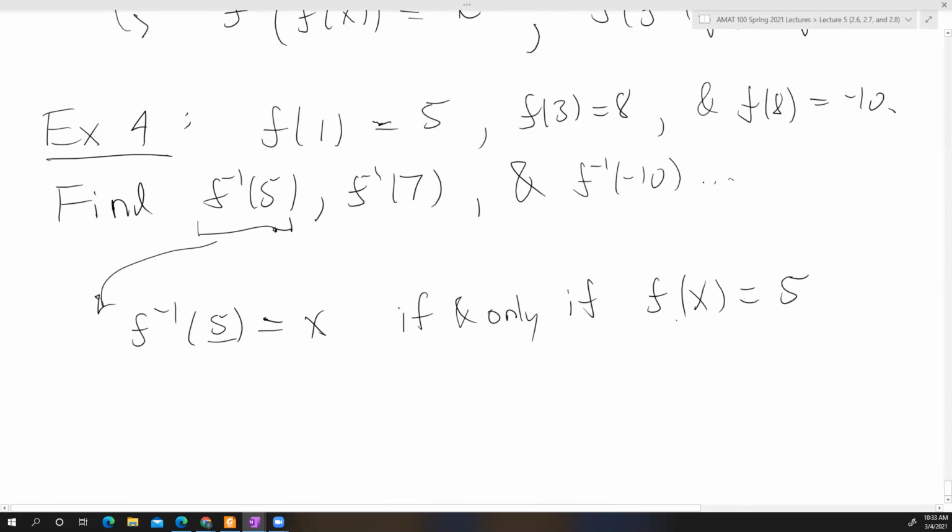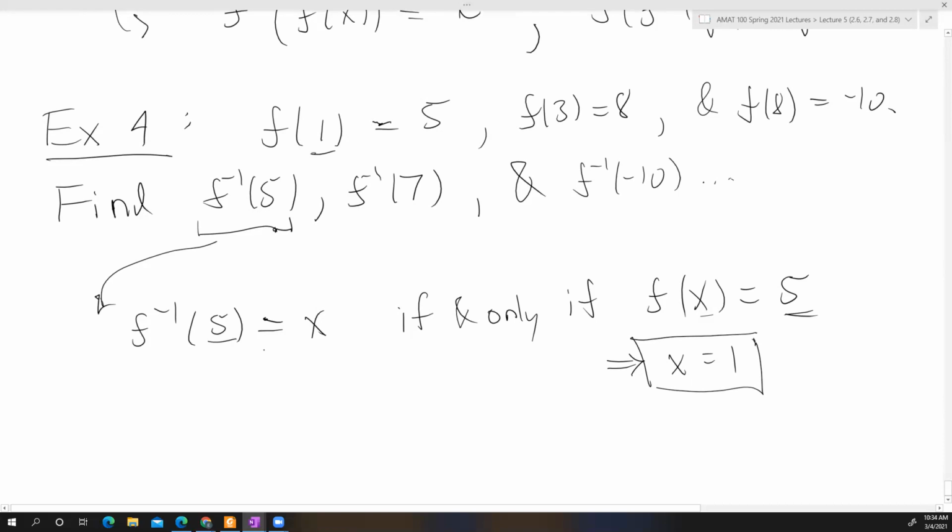So we need to find that x that gets mapped to 5. We're given that f of 1 is equal to 5. So that implies that x has to be 1. Remember, these are injective functions, so this is the only value of x that can be mapped to 5. There can't be 2 different ones, because that would contradict the fact that we're dealing with injective functions.